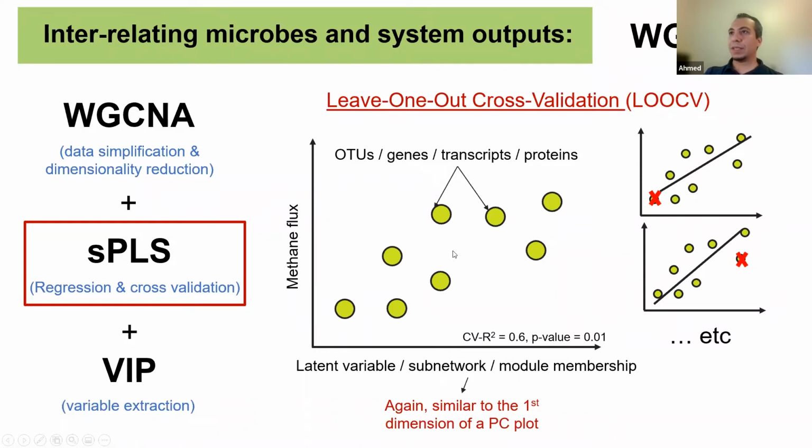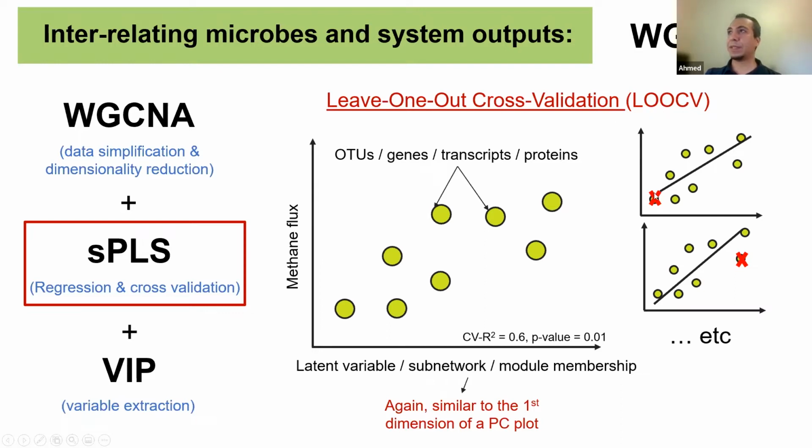So this is the regression analysis, but then there is an iterative process in building this regression model, and this iterative process involves cross-validation. There are many different ways to do this, but the example that I'm showing you here is leave-one-out cross-validation.